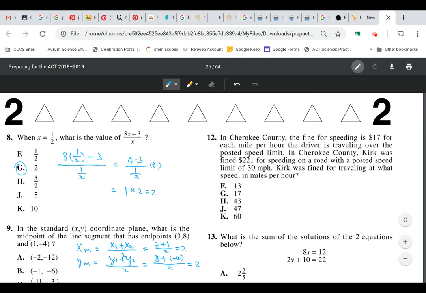Okay, there are several things you can do. You can do a backward way or you can do a more straightforward way. The more straightforward way is to set the speed as x.